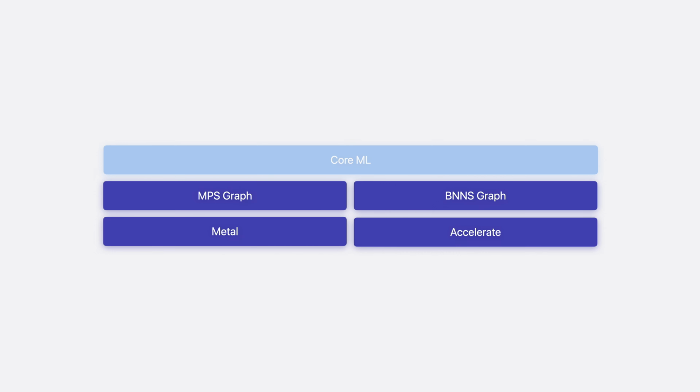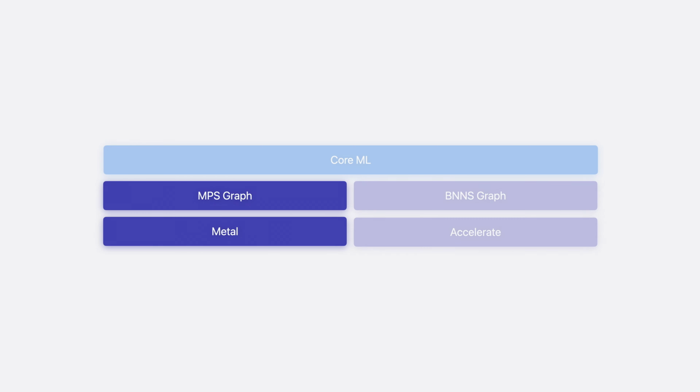Let's look at each of these options in more detail, starting with MPS Graph. MPS Graph is built on top of Metal performance shaders, and it enables you to load your CoreML model or programmatically build, compile, and execute computational graphs using Metal.